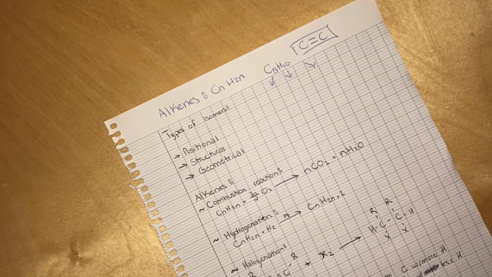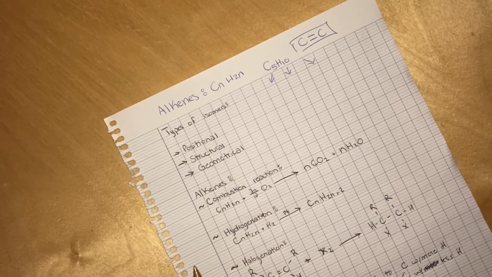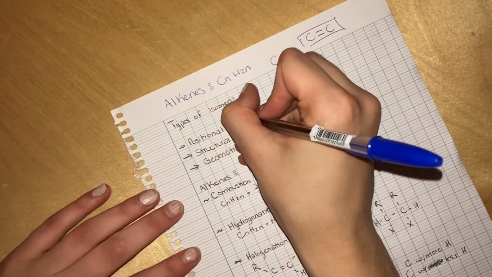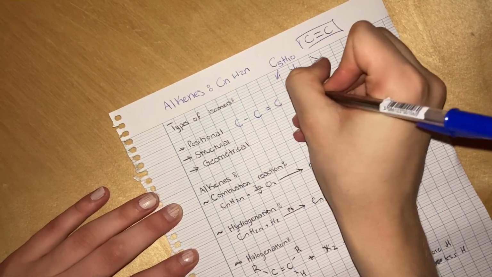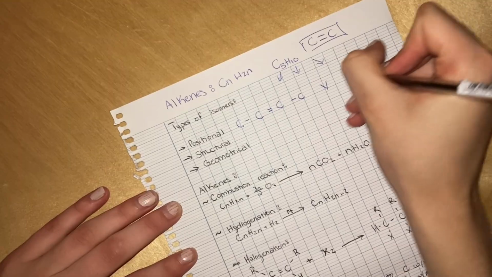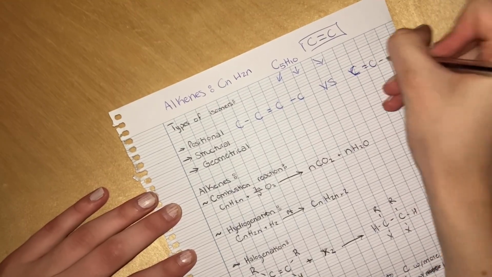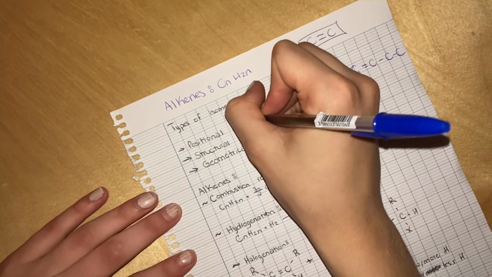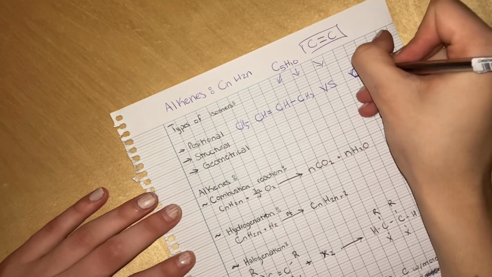In alkenes, the first type of isomer is positional, meaning the position of the double bond is different. C, double bond C. This is H3, this is H, H3.